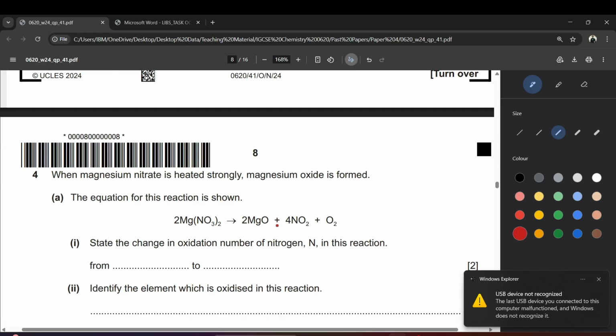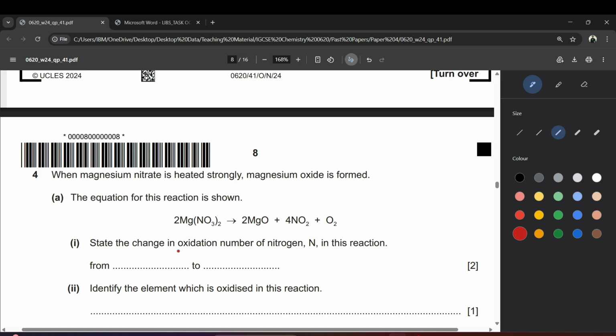All right, question number 4 is, when magnesium nitrate is heated strongly, magnesium oxide is formed. The equation for this reaction is shown. So here you have magnesium nitrate, and you can see that it starts decomposing when you heat it. It forms magnesium oxide, nitrogen dioxide, and oxygen.